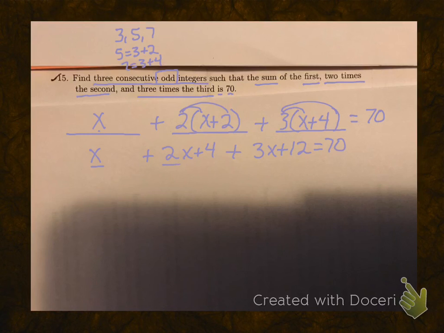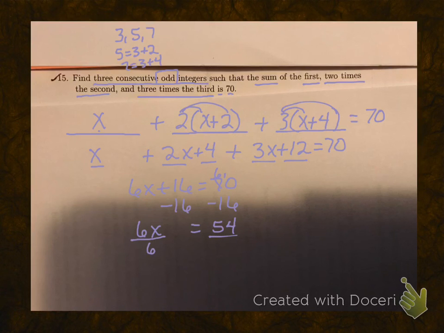Okay, I'm going to add all my like terms. So add my x's up, I get 6x. Add my constants, 4 and 12 is 16. Equals 70. I'm going to subtract 16. And I get 6x is equal to, okay, make sure I'm doing this right here, 54.